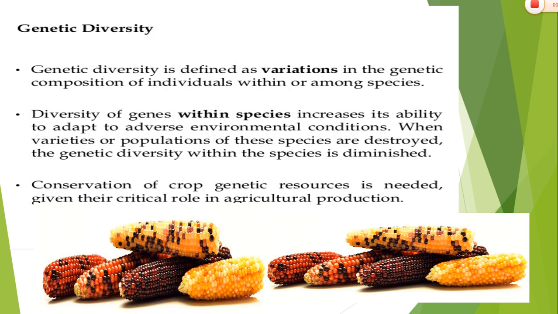When varieties or populations of these species are destroyed, the genetic diversity within the species is diminished. Every species here today contains genetic information that represents thousands to millions of years of adaptations to the Earth's changing environmental conditions and is the raw material for future adaptations.